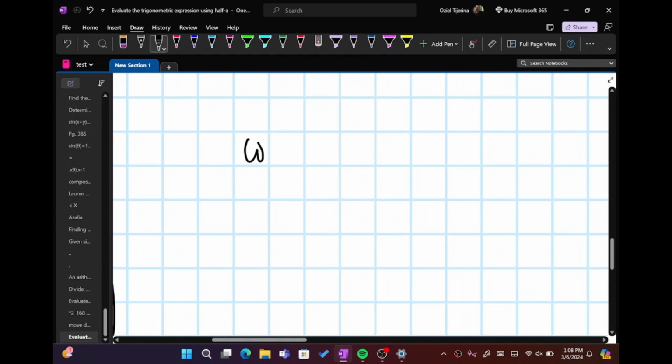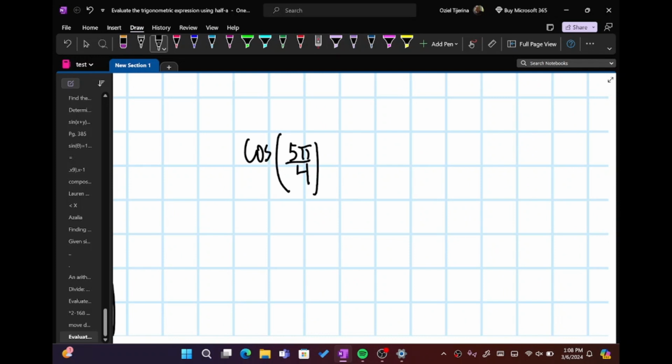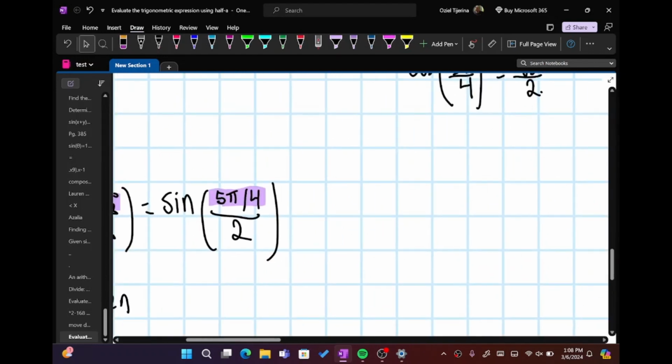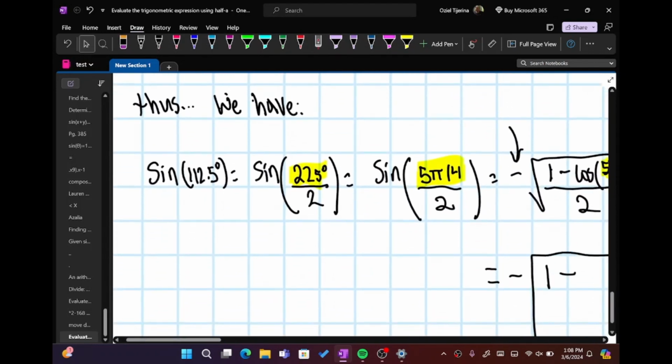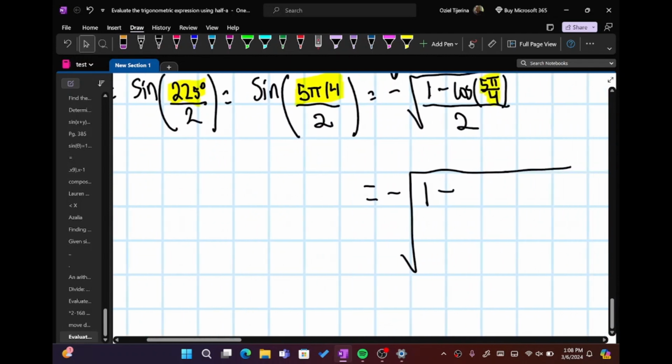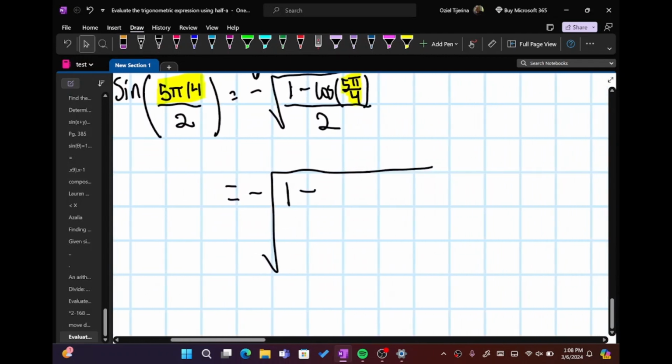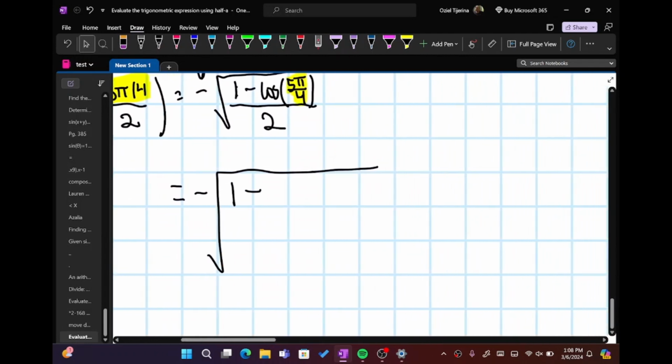So you must know your unit circle pretty well, your coordinates, the sine and cosine of each angle.